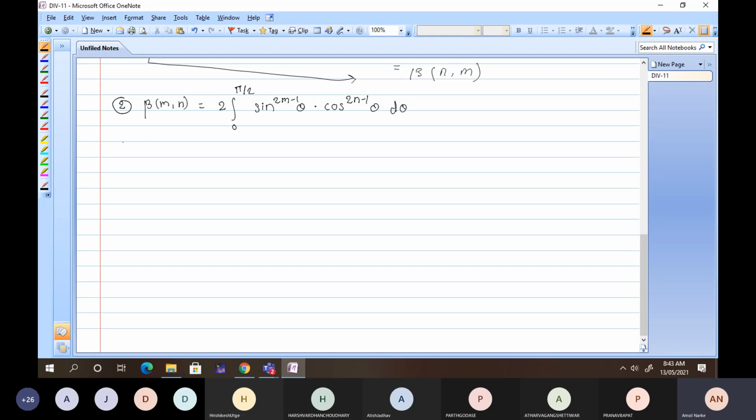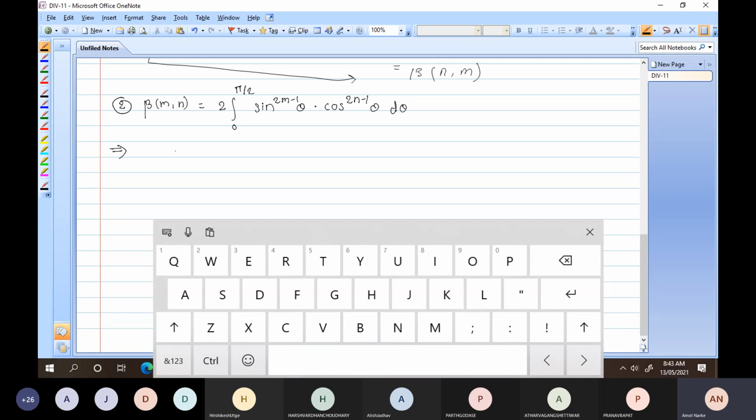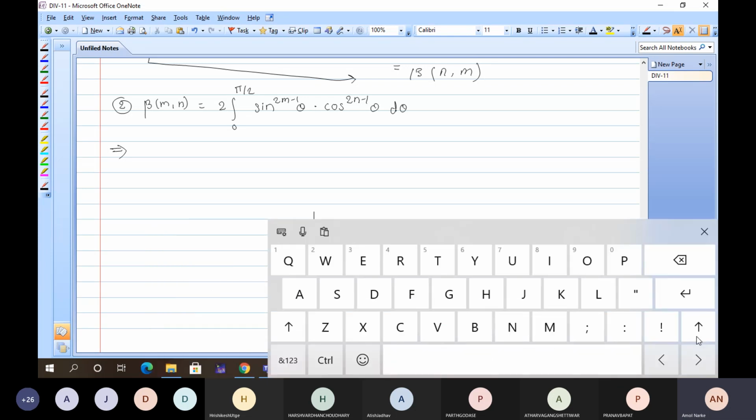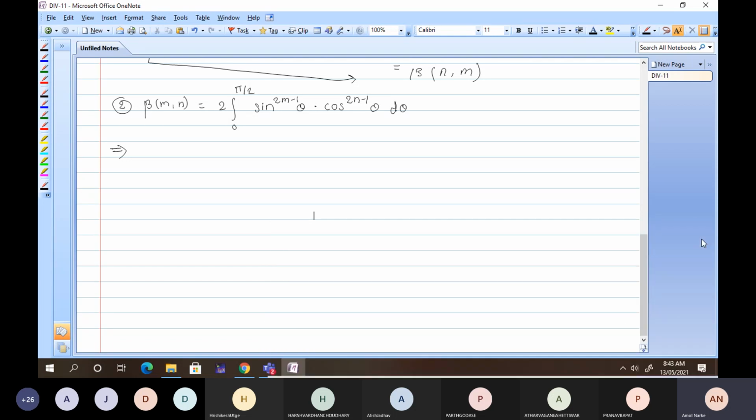So first let's see the proof. Can someone tell me how one can start with this? Initially we have the definition of beta. What is our definition of beta?